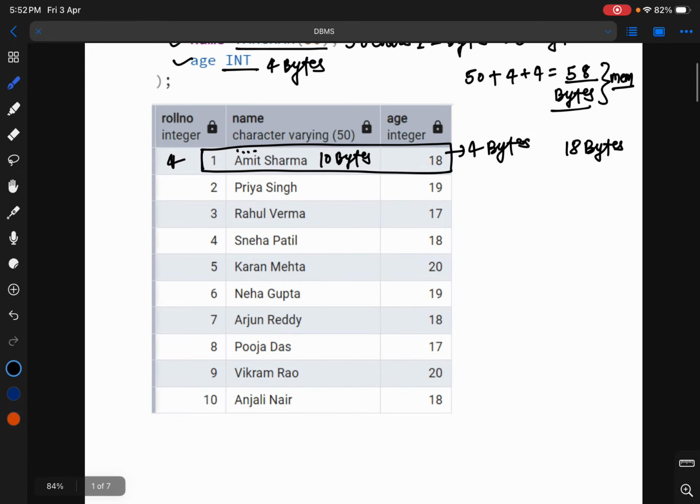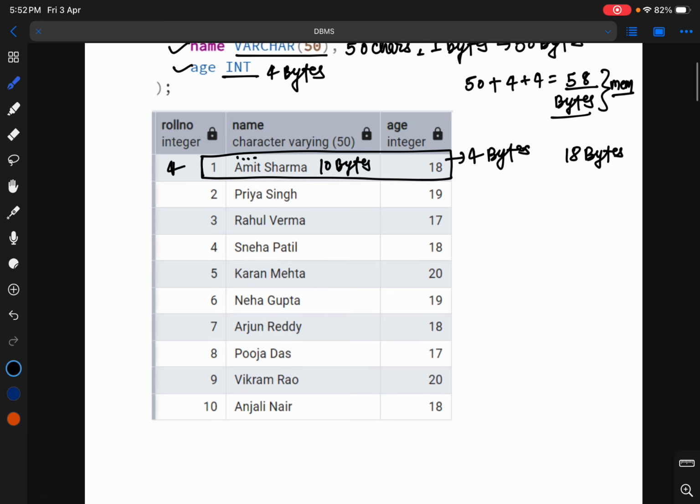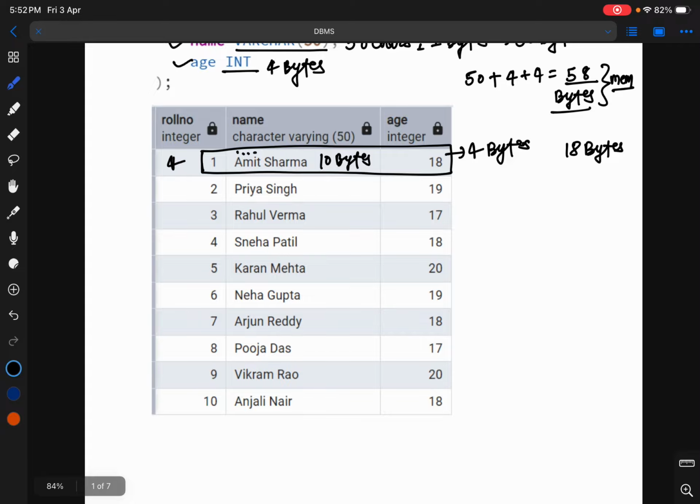And we already know that the entire data is stored in the hard disk. As we know, we need to store the database in permanent storage, so that even if there is a system failure or any other kind of issue, our data remains safe. So the entire data is stored in a hard disk. But how is this table stored in a hard disk?